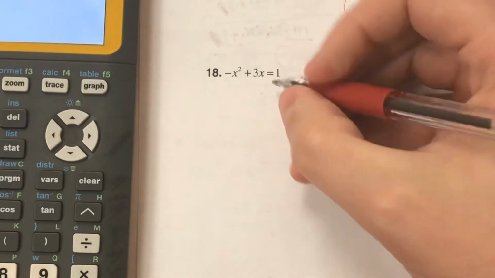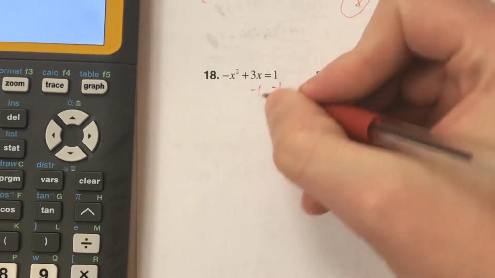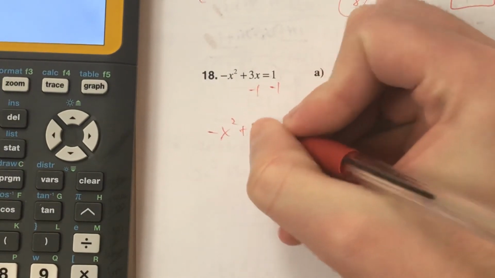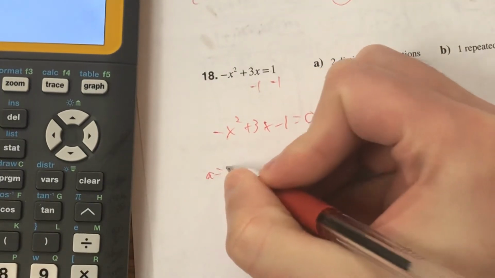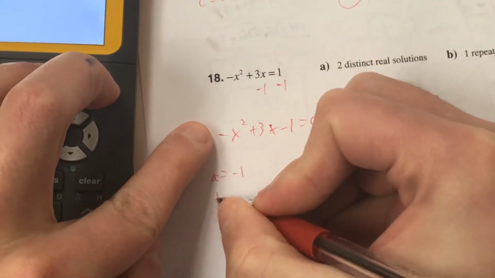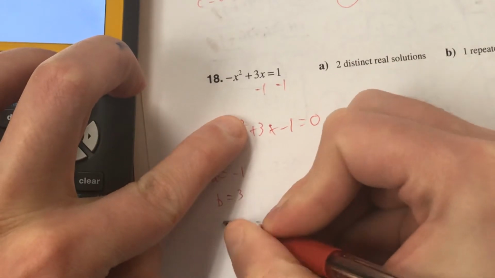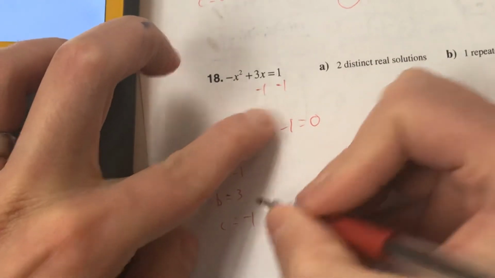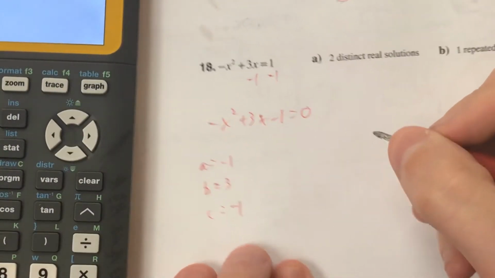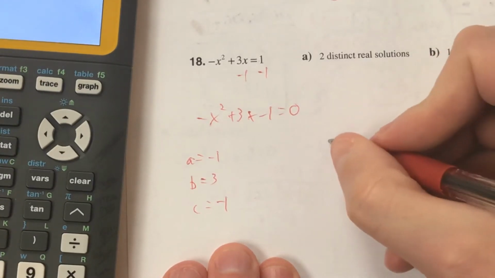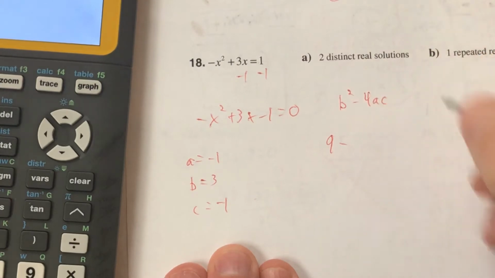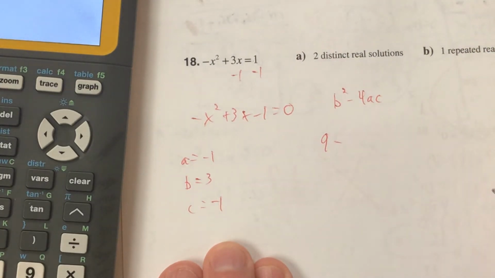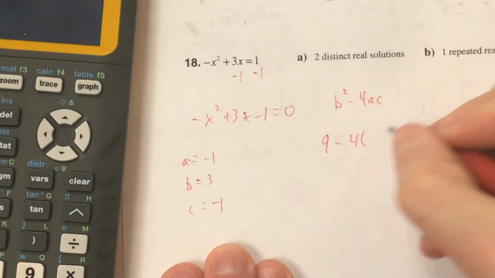Lastly, this one is not equal to 0, so you have to subtract 1 first. I guess that's the tricky part. And then you can say A is -1, B is 3, and C is -1. So b squared minus 4ac.